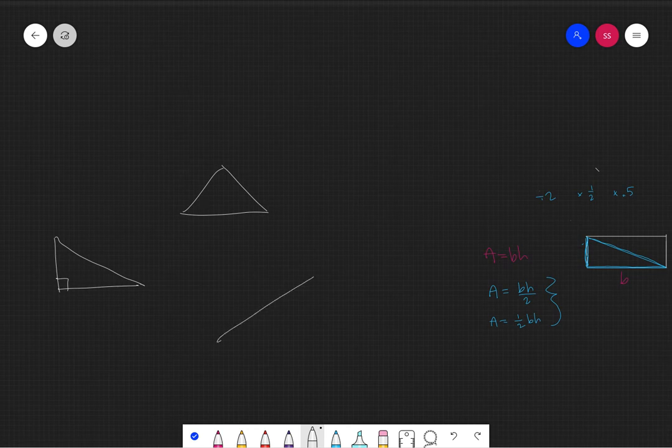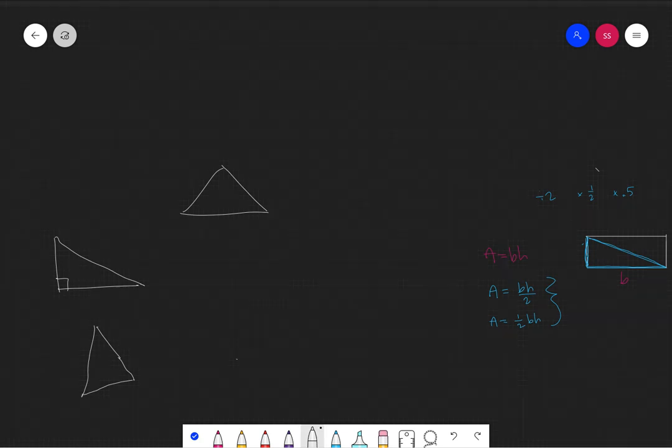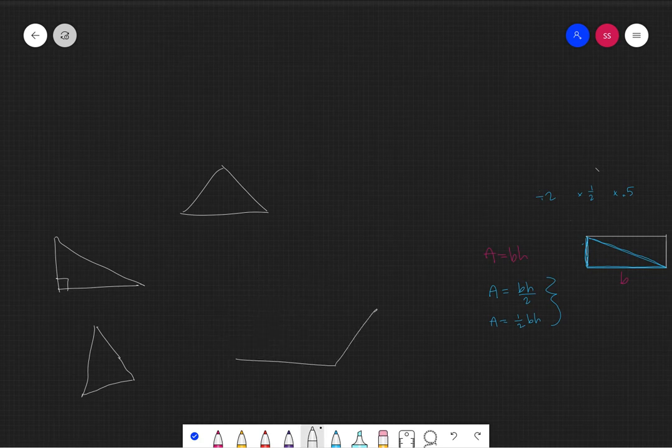And we could have some wonky triangles. Okay. So again, what we need to find the area of a triangle would be base and height.